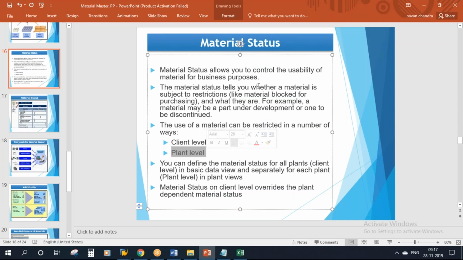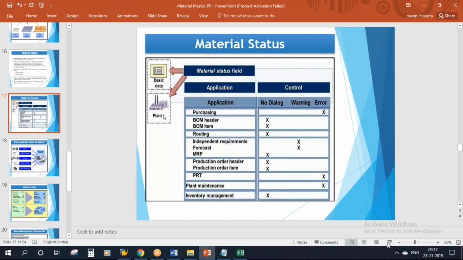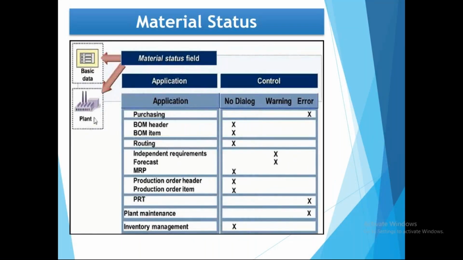So basically material status will control the usability of material. In which application you want to control it, this is the one. Either you can set up in basic data at client level, or at plant level in the MRP views. Using this material status, you will control its application: in purchasing, whether you want to allow BOM creation or not, routing creation, or use in production.